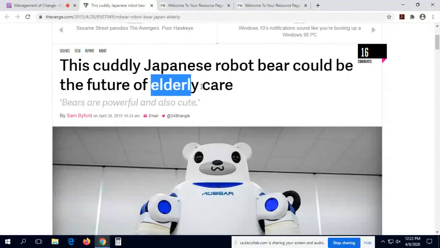Elderly care: elderly people who don't have anyone. Their children have left them, or they don't have any children. They are alone, and they are now elderly and they can't work, and they go into some type of support environment. In that environment, if they have these types of things, that would be amazing.